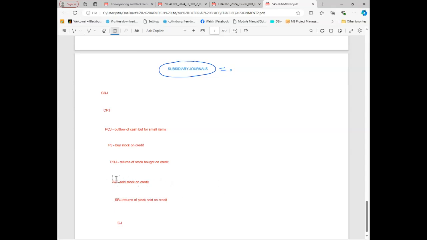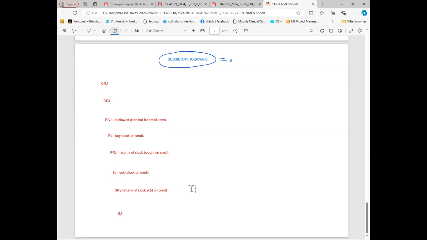So meaning it's just the opposite of this one. Whatever we sold on credit here, meaning that customers are returning back to us. This one here, the PRJ, we are returning back to the suppliers. Are we good?